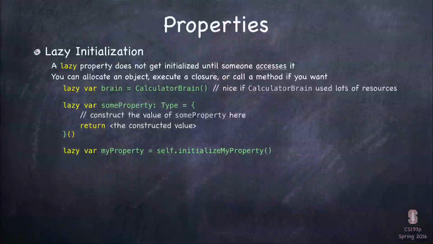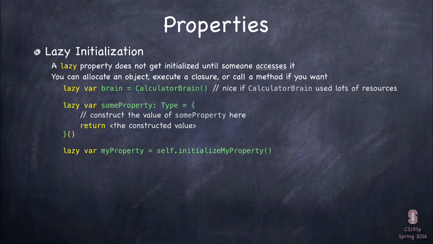Now, normally inside here, if this weren't lazy, you would not be able to access self in here, because again, this is part of initialization. You can't do anything with self until you're fully initialized. So if you try to put self in here, the compiler will complain. But if you make it lazy, now you can access self in here. Call your own methods or whatever you want to do.